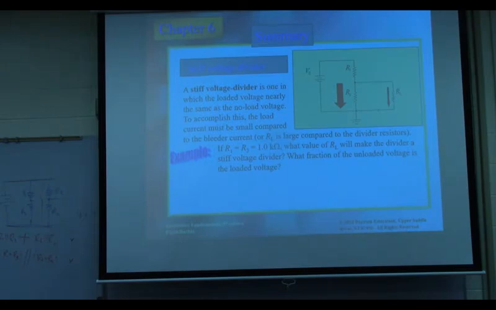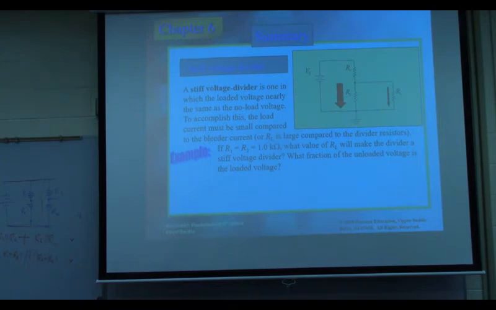Okay? Let me help you with the simple one. What is the unloaded voltage? The unloaded voltage means this one does not exist. Because it's half VS, right? So I solved the first one, easy one for me.